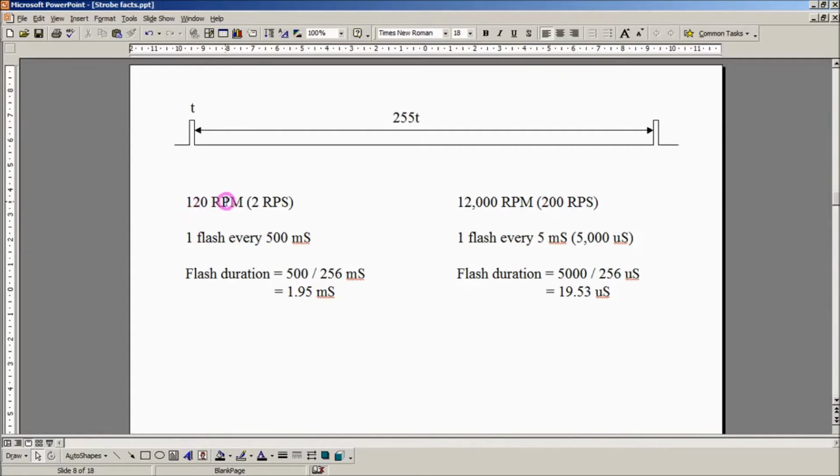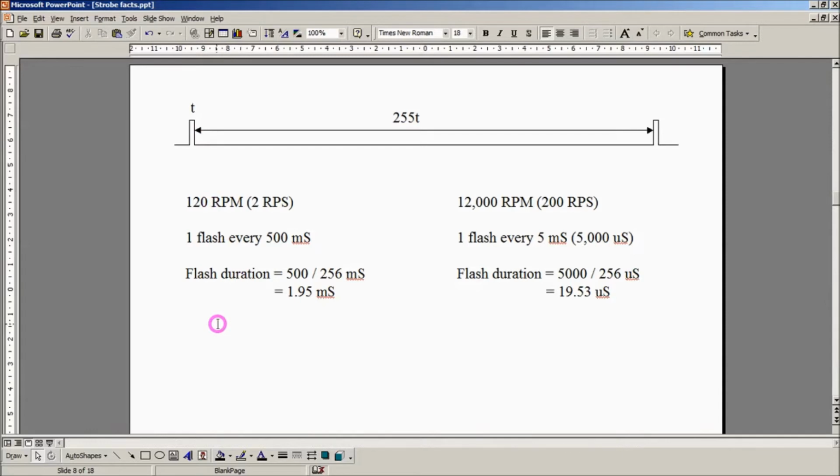At 120 RPM, that's one flash every 500 milliseconds, which is half a second, and the flash duration is that 500 milliseconds divided by 256. It comes to 1.95 milliseconds. At 12,000 RPM, that's one flash every 5 milliseconds, or 5,000 microseconds, and if you divide that by 256, it gives you 19.53 microseconds for the duration of the pulse.